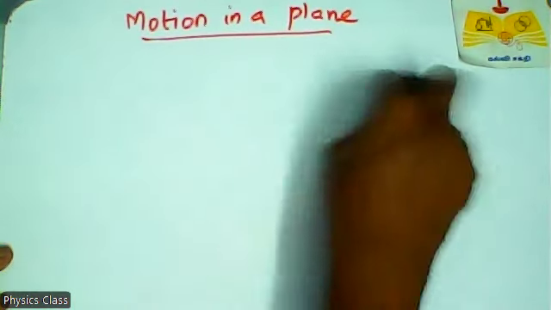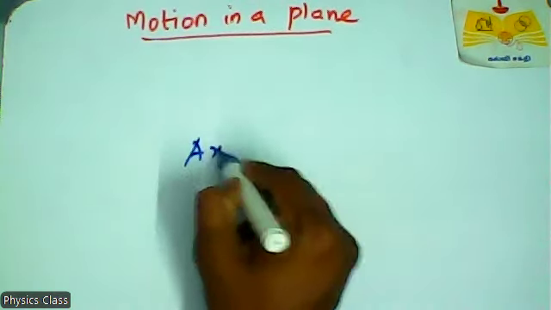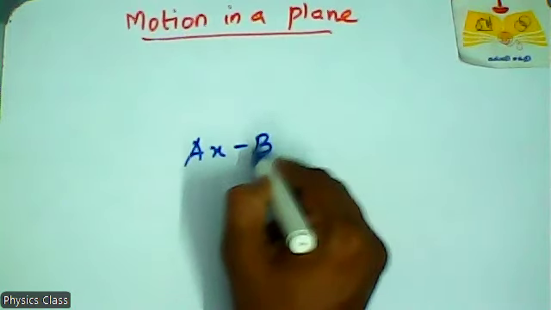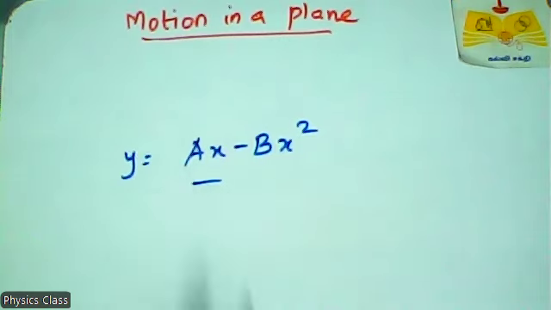So to prove that the path is a parabola, we have to prove that the equation is like this: y = ax minus bx square, where y is the displacement.